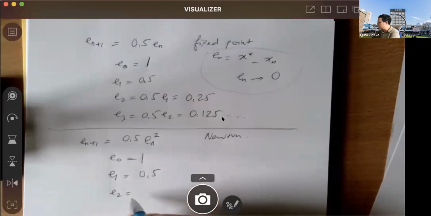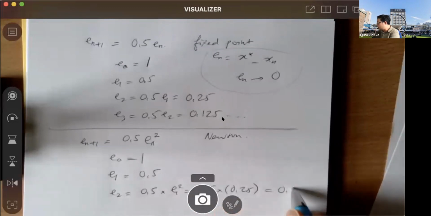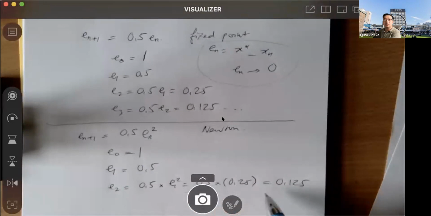But then e_2 is 0.5 multiplied with e_1 squared, which is 0.5 times 0.25. So this one is 0.125 already. So you see e_2 is already 0.125.